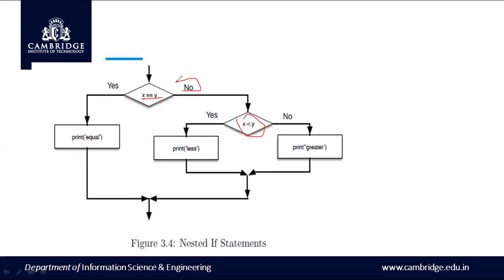Only then will this condition be executed. If this condition is true, that is yes, it will print that x and y are equal. If this is false, it goes to another condition, that is x less than y. If this condition is true, it prints less. If this condition is false, it prints greater.